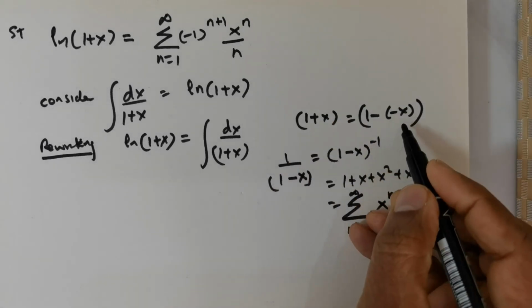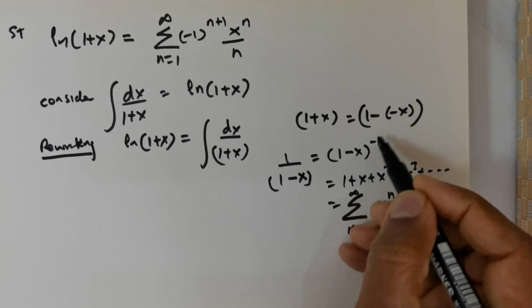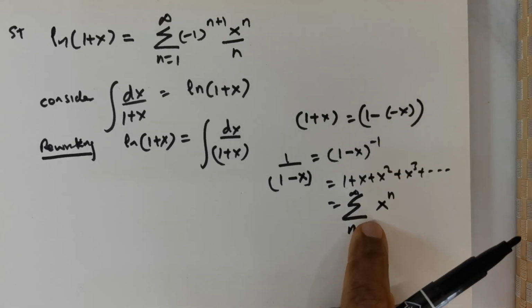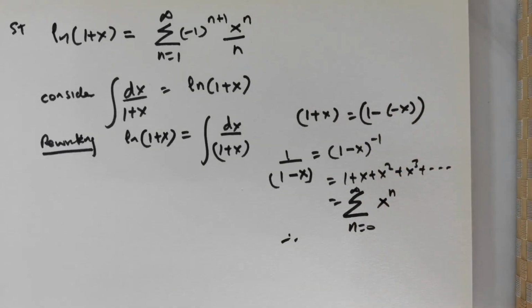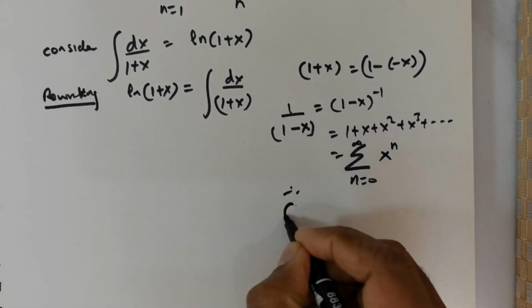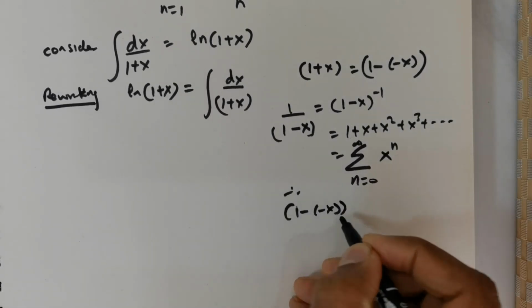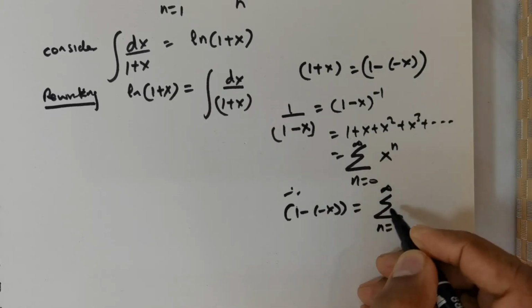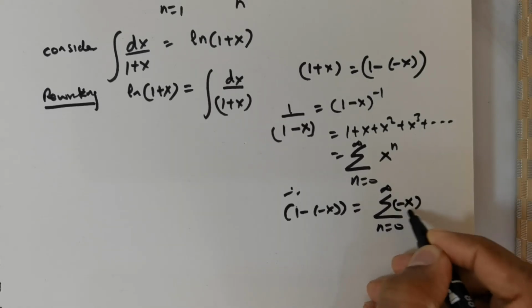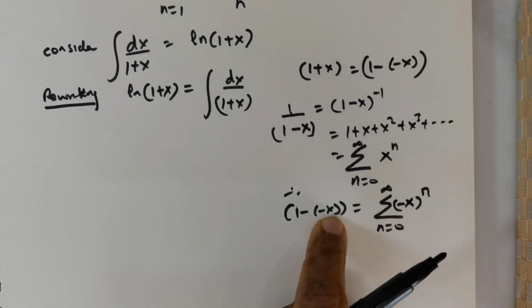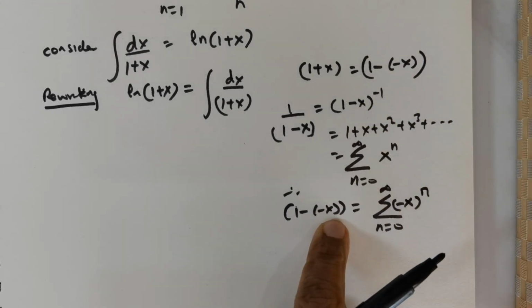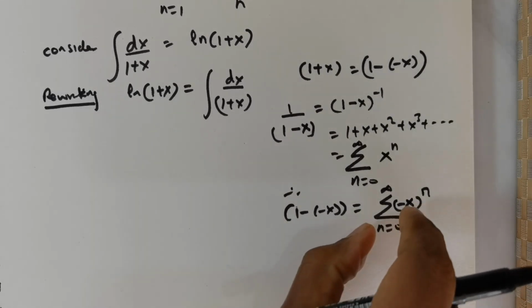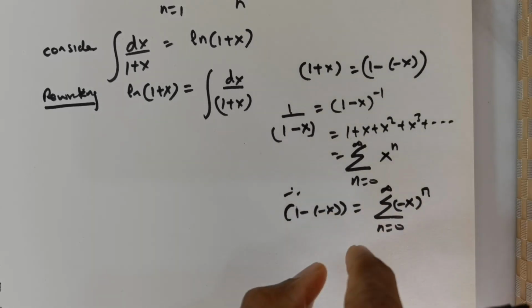In place of x, I have -x. So if I utilize this expansion, I can rewrite 1/(1 - (-x)) as the sum from n = 0 to infinity of (-x)^n, because in place of x you have -x. Take this and replace this by this.